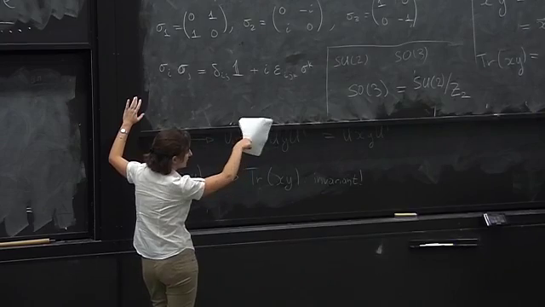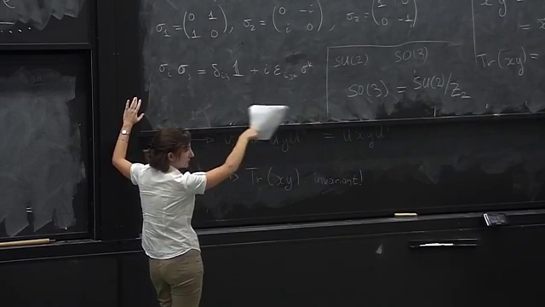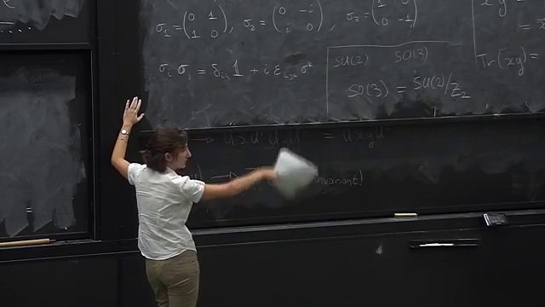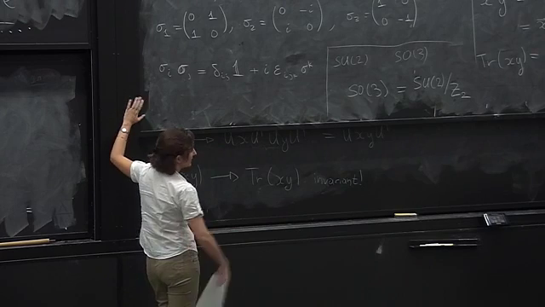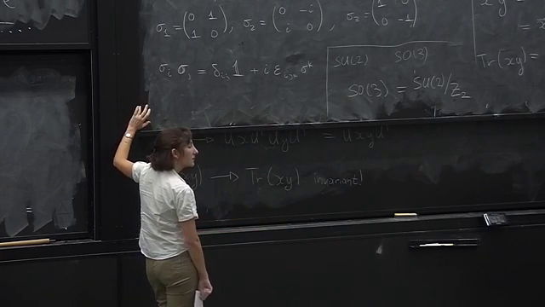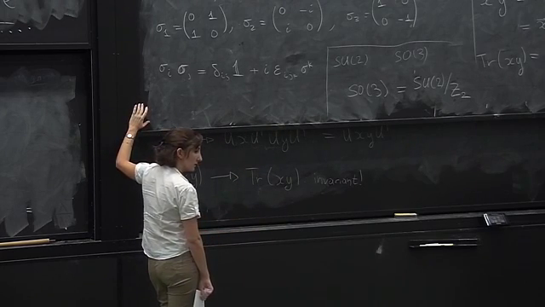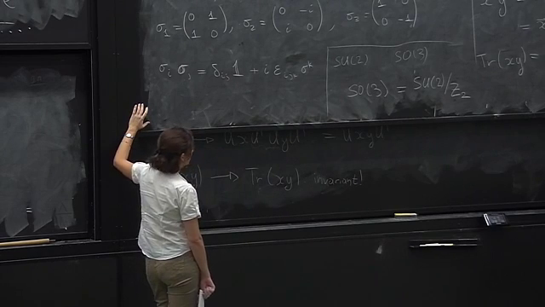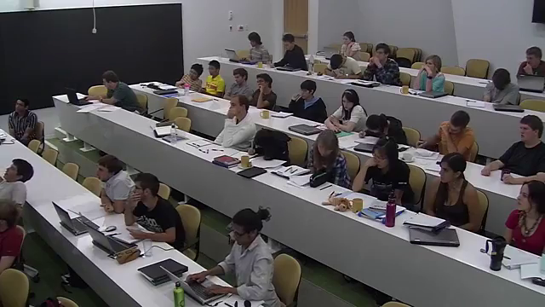But I haven't given you here the map from SU2 to SO3. I haven't really given you the way to go from one to the other. I just think this is a nice way to look at it. So that X and that Y are both matrices associated with vectors. Yeah, so Y would be another vector with coordinates yi.